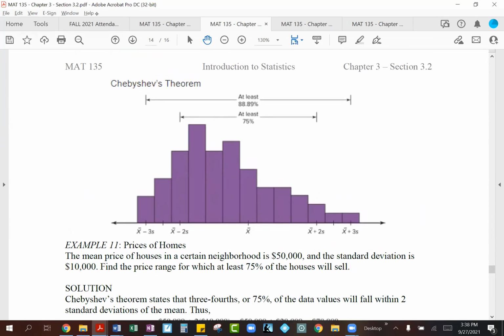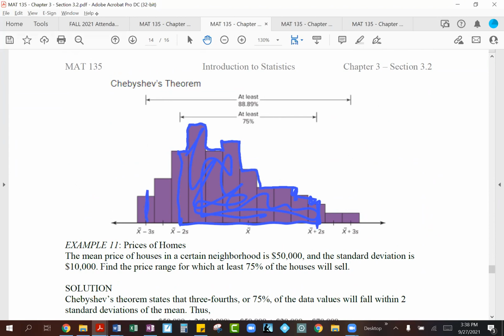So what this basically says is if you are 2 standard deviations below the mean and 2 standard deviations above the mean, then we can safely say that 75% of your data is going to fall within this range. So you've got 75% of the data right here between 2 standard deviations above and below.